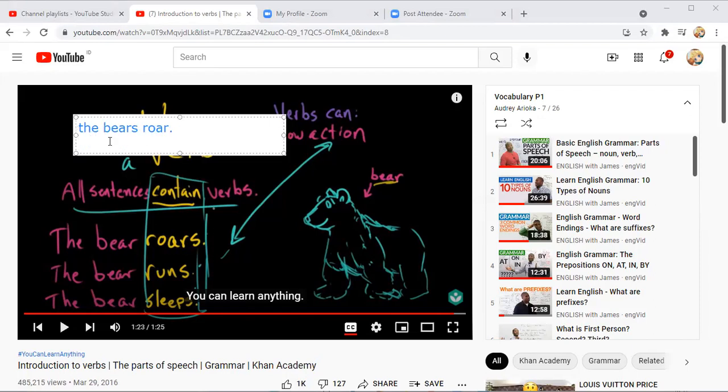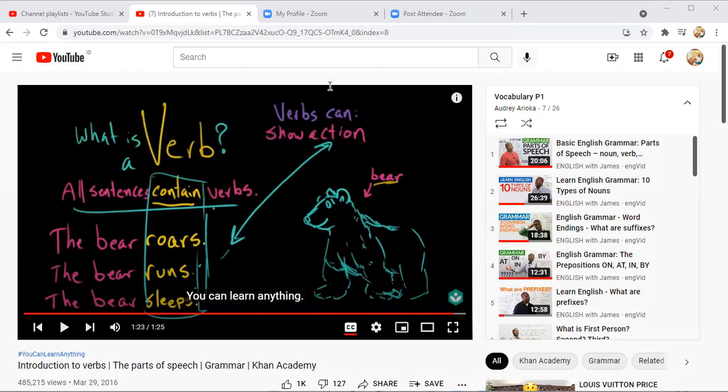Kalau bear-nya banyak, if there are so many bears, more than one, the roar cannot use S or it's grammatically incorrect. But well, you will learn grammar too, right? I'm not going to talk much about it here. Clear, okay.